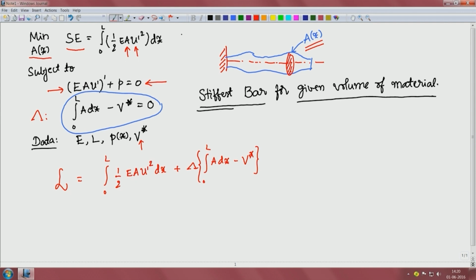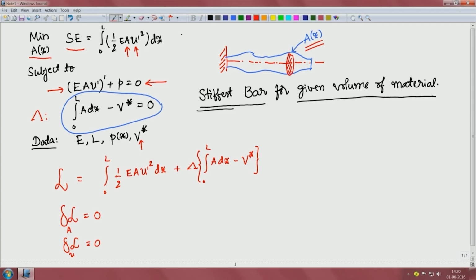Then we could just take the Lagrangian and it becomes like unconstrained minimization, not only with respect to A, but also with respect to u, the state variable. So, here we took the variation of Lagrangian with respect to A, that is one equation, and then variation of Lagrangian with respect to u, that is another equation.